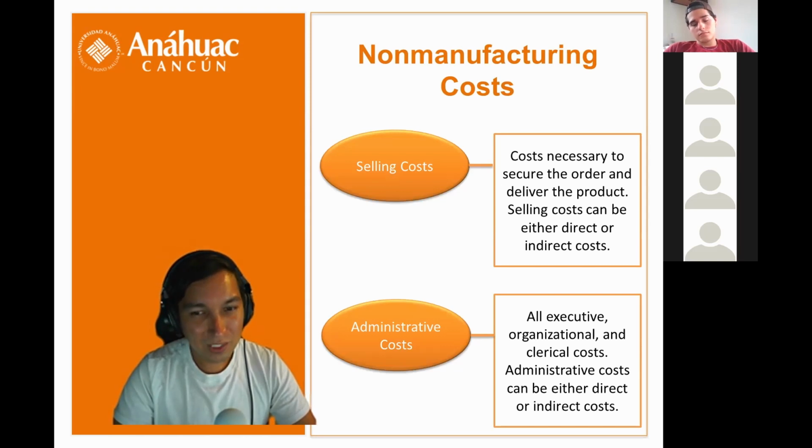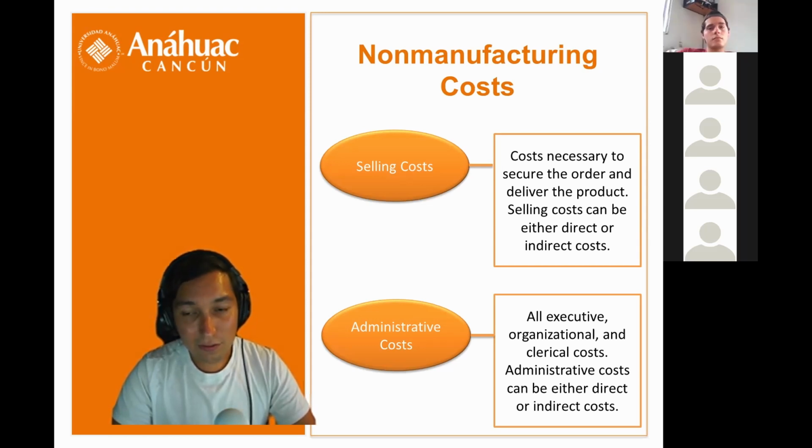So we've broken things out into direct and indirect, manufacturing and non-manufacturing. So here we have a non-manufacturing cost, and it could be either direct or indirect. And administrative costs, similarly, include all executive, organizational, and clerical costs. And again, administrative costs can be either direct or indirect.